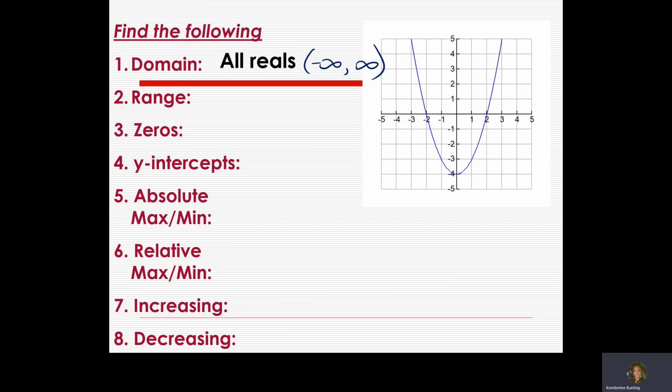All right. Now, Emma, what's the range? Do I have a bottommost value on this graph? Remember, the range is all possible y values, so I'm actually looking at the y-axis. What is the bottommost value of this graph? -4. So that's going to be my starting point of my range. I hear you, Michael.